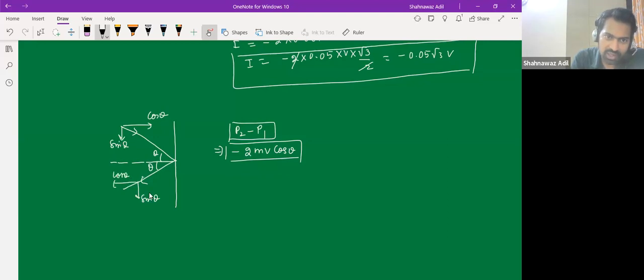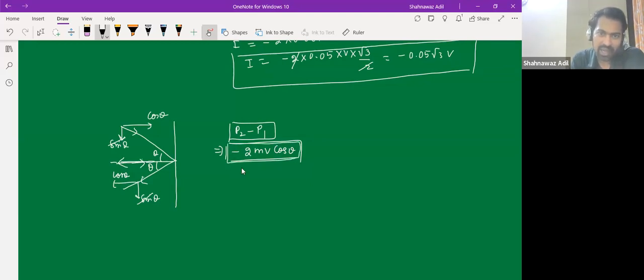But sine theta will be cancelled, and we have only cos theta component in here and in here. So this will give you minus 2 cos theta.